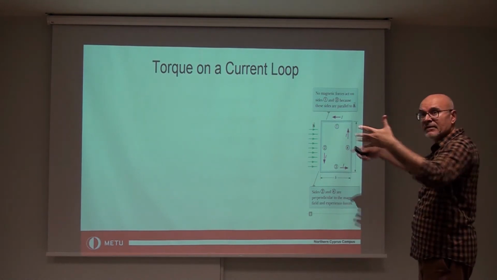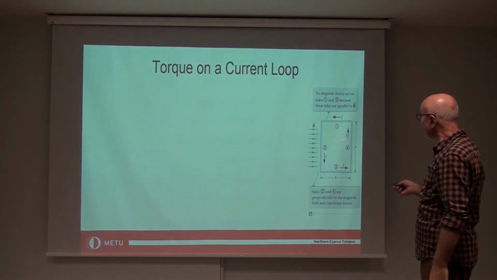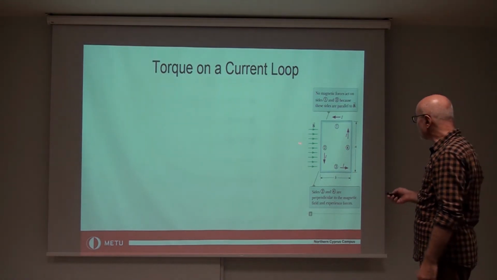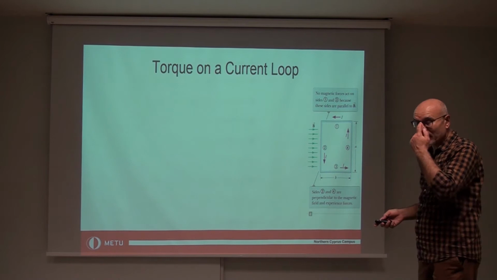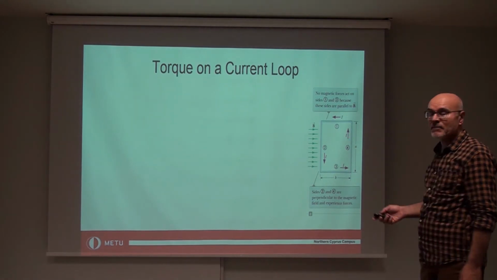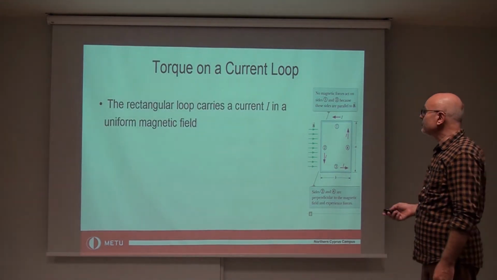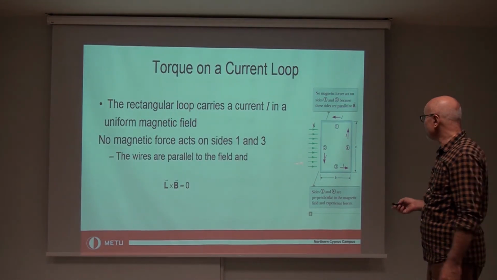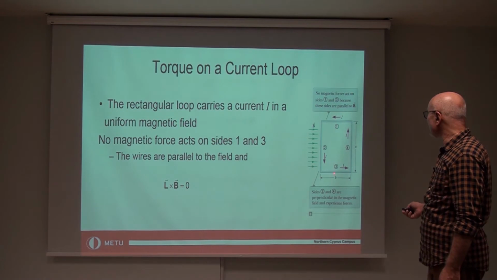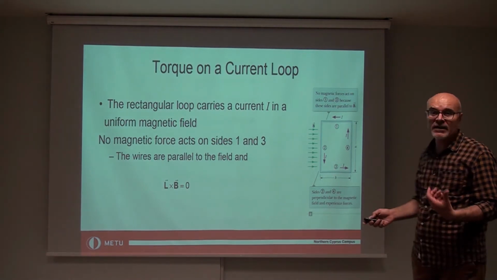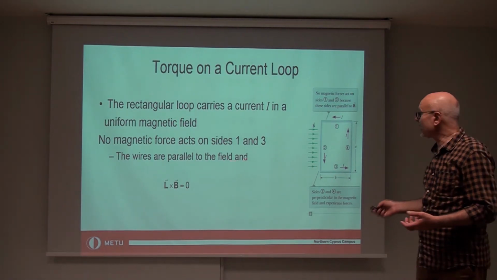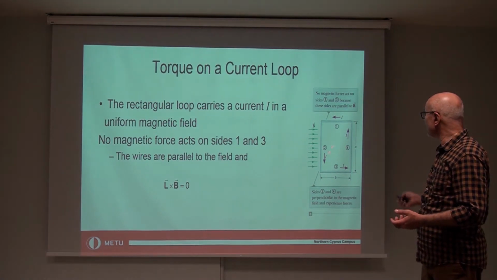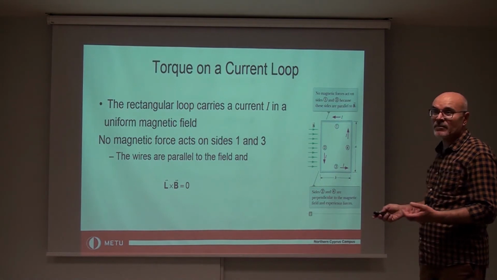So it's in 3D in the whole space, and it's parallel to the plane of the screen, and so parallel to the plane of the loop. This loop is in that magnetic field. Now, there is no magnetic force on sides 1 and 3 of the rectangle, because the current here is parallel to the magnetic field, and here it is anti-parallel to it.